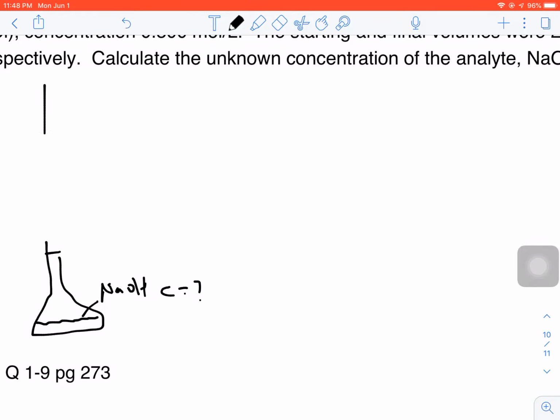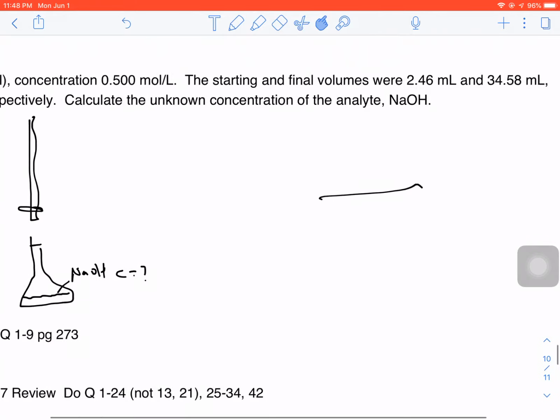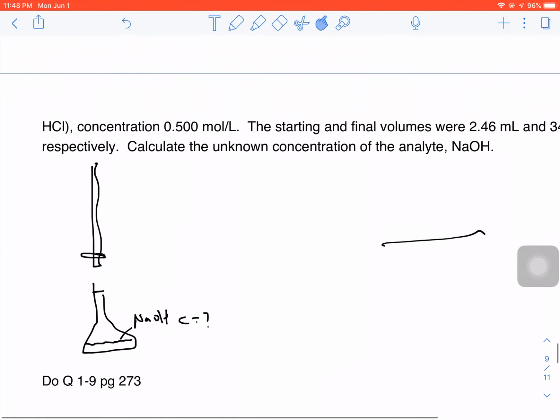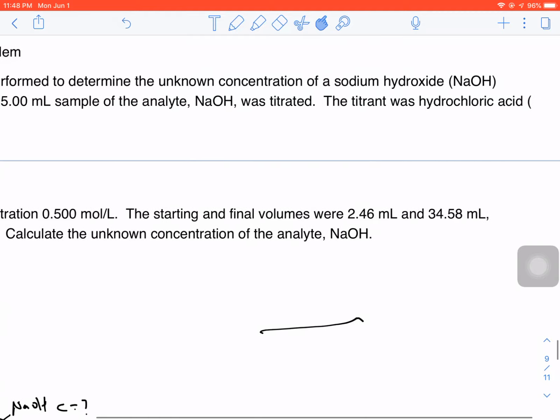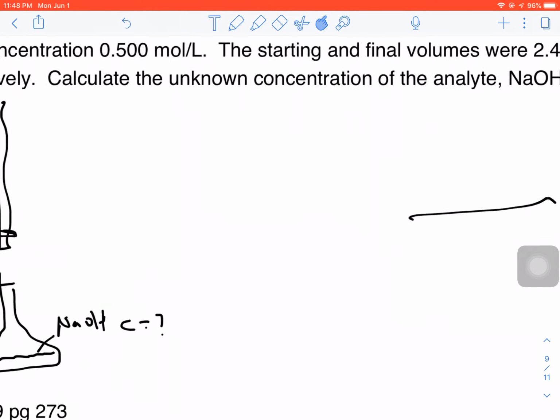And then I'm going to set up my burette here with the stopcock at the bottom, and this is going to contain my titrant, which was hydrochloric acid at 0.5 moles per liter.